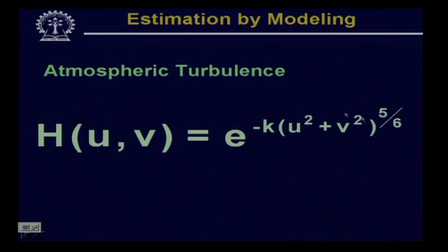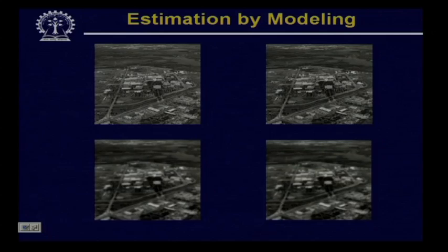The first tried to give the degradation function corresponding to atmospheric turbulence, and the degradation function in the frequency domain is given like this: H(u,v) equal to e to the power minus k (u square plus v square) to the power 5 by 6. And using this degradation model, we have shown how a degraded image will look.